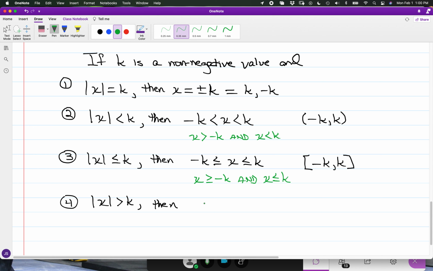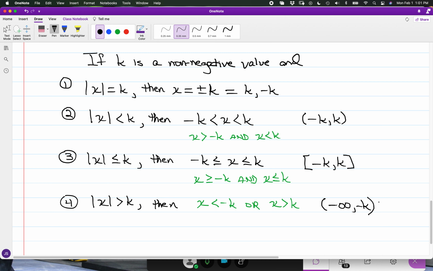We can say that x is going to be either less than negative k, or that x is going to be greater than positive k. And for the interval notation, x is less than negative k, so we have from negative infinity to negative k in parentheses.